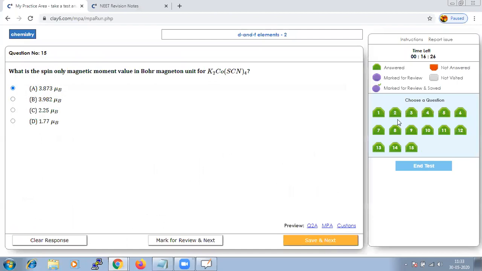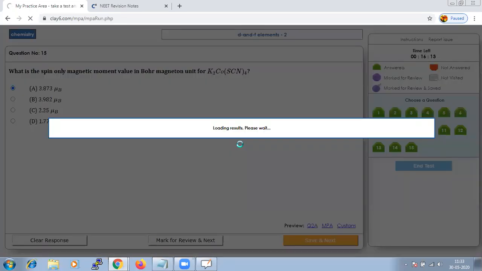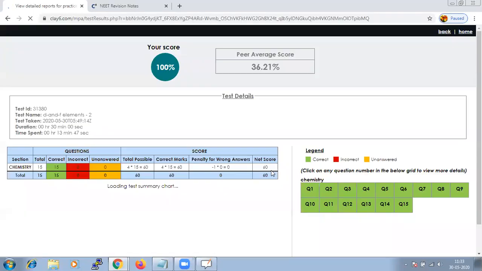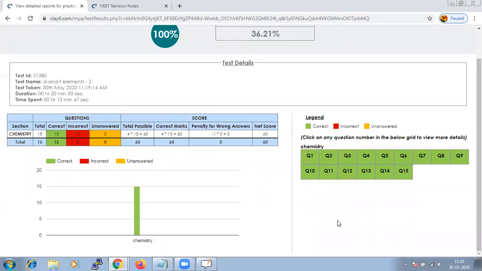We have completed all the 15 questions. Let us end the test and see how many questions we have done right and how many are wrong. All the questions are correct here, but if we had gone wrong anywhere, the question would be red in color, and if you have not attempted any question, it would be indicated in orange.